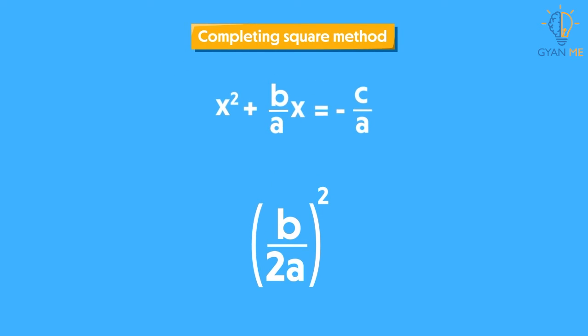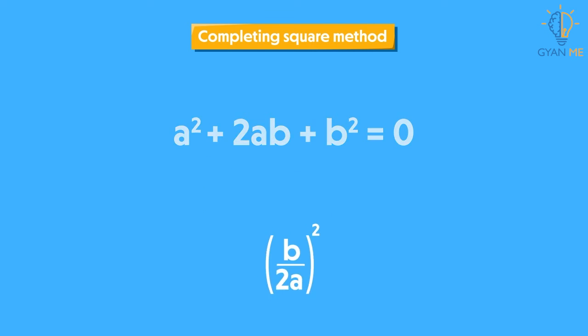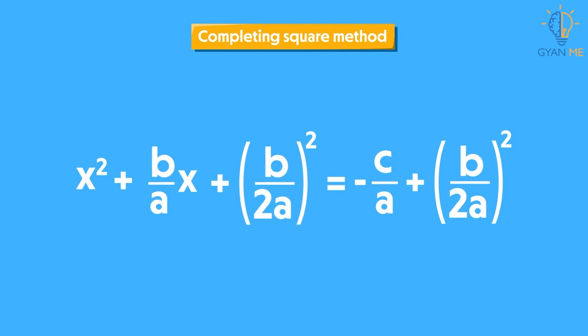Add this on both sides of our equation to make it of a form a square plus 2ab plus b square equal to 0. After adding the square term b by 2a whole square to the equation, we get x square plus b by a x plus b by 2a whole square equal to minus c by a plus b by 2a whole square.